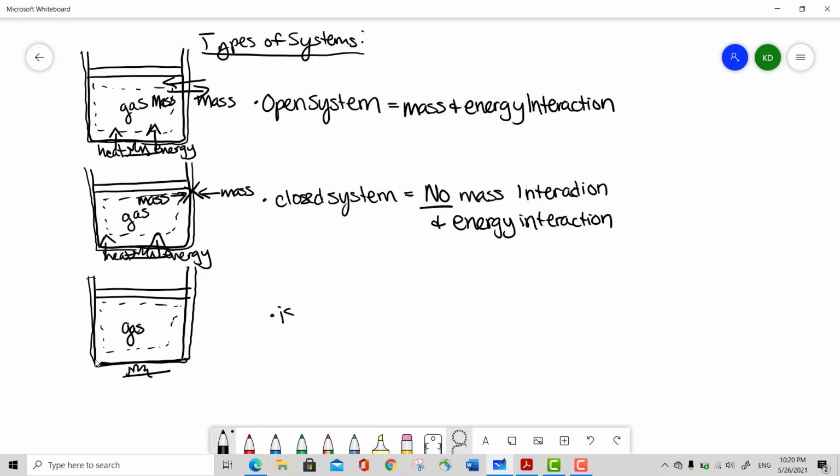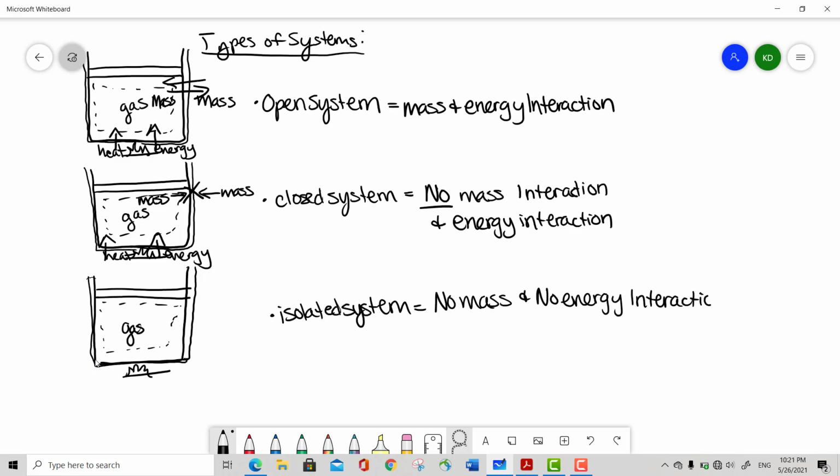When you have an isolated system, remember we talked about these in the lecture. There is no mass and no energy interaction. Remember? So you've got heat, which is the energy, and it is going up, but there is no interaction across the boundary.